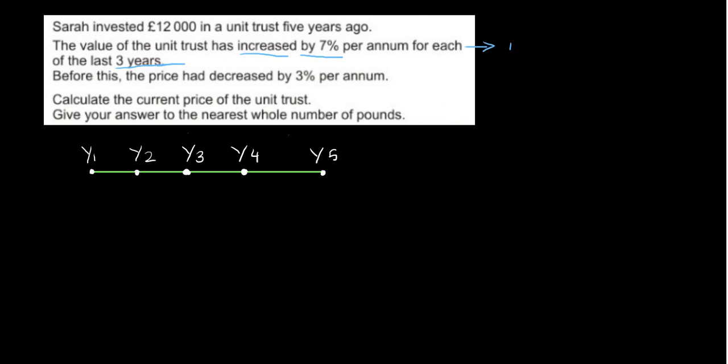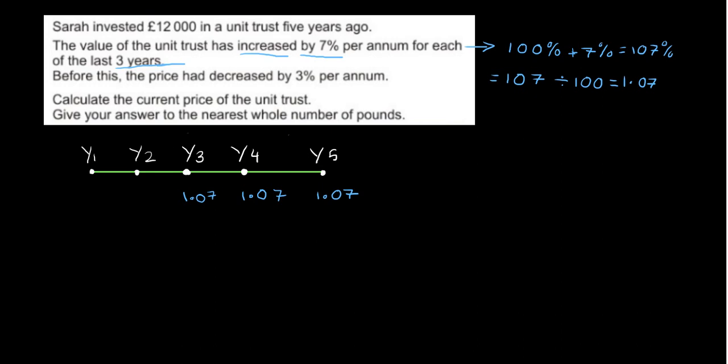That's 100% plus 7% because that's an increase, which is 107%. And that is the same as 107 divided by 100, which is 1.07. So for year 3, the multiplier is 1.07, year 4 1.07, and year 5 it's 1.07.